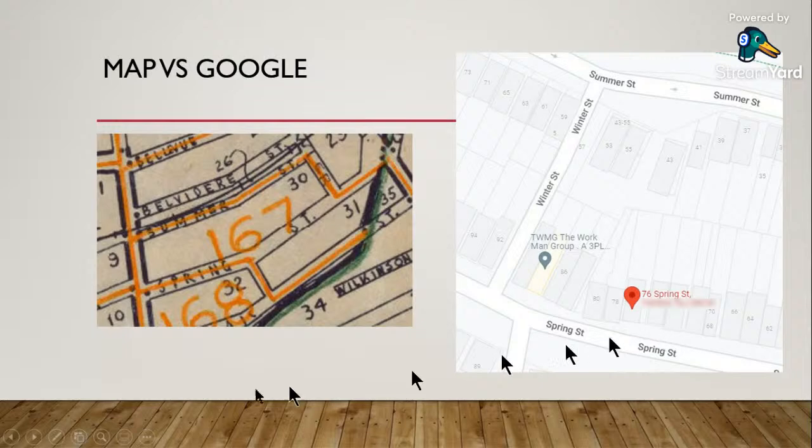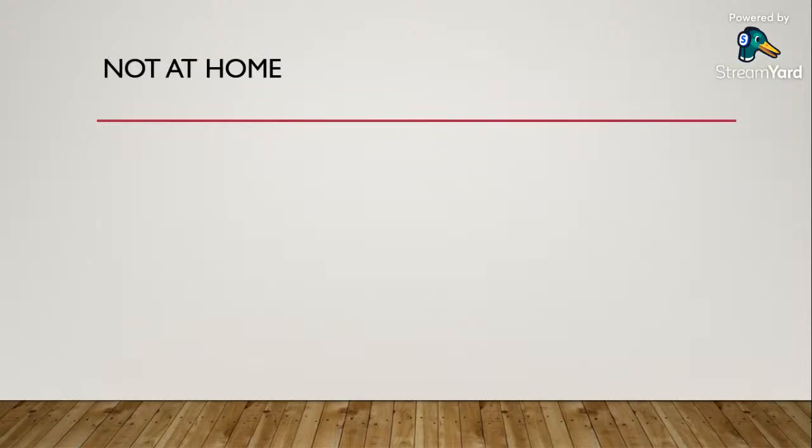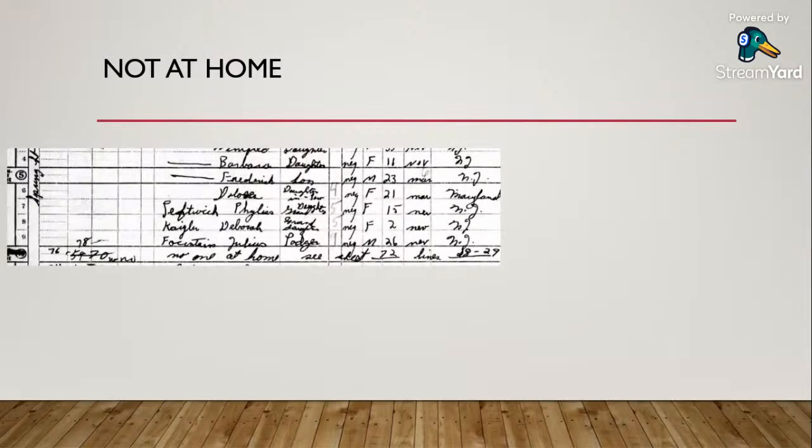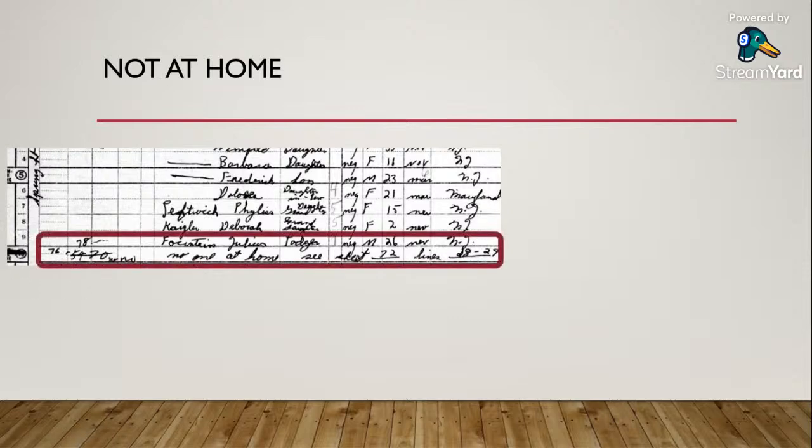No, I didn't have to. So when I looked at the image for the address, there's Spring Street, there's 76 Spring Street, and no one is home. But the good news is it says C72, lines 28 and 29.